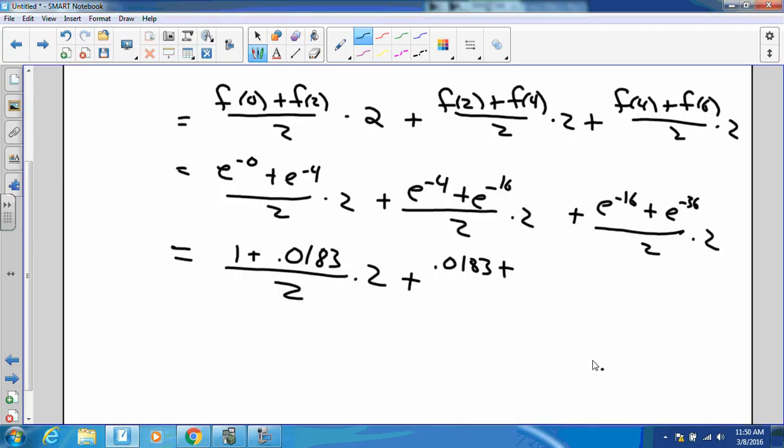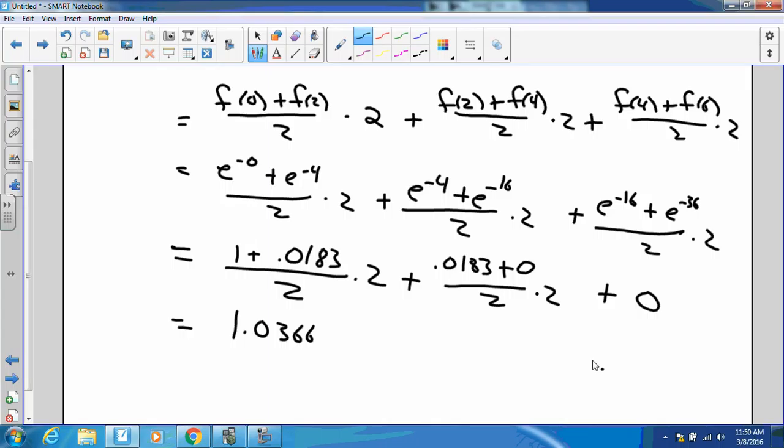Pretty darn small, I would guess. It's almost 0. And this guy turns out to be horrendously small, right? So the whole term is basically 0. And so now when you add them up, you get 1 plus 0.0183 plus another 0.0183, which is 1.0366 as the estimate for the integral.